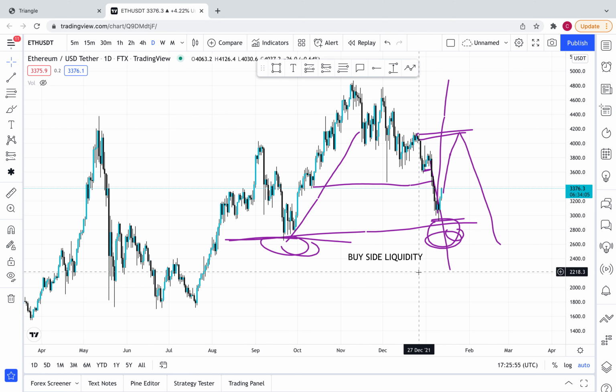So if you want to look at the grand scheme of things on Ethereum, you have to know that right now price is actually accumulating liquidity from one region to the other. Yes, we are in an uptrend, but right now Ethereum is correcting, certain things going on.